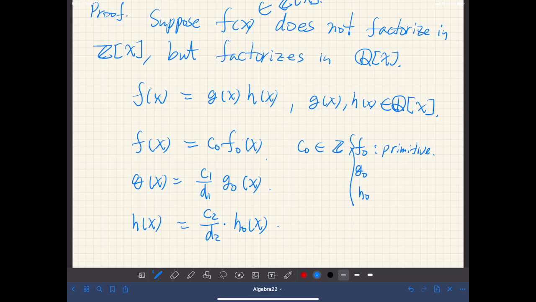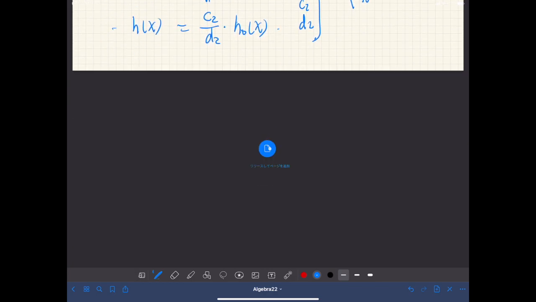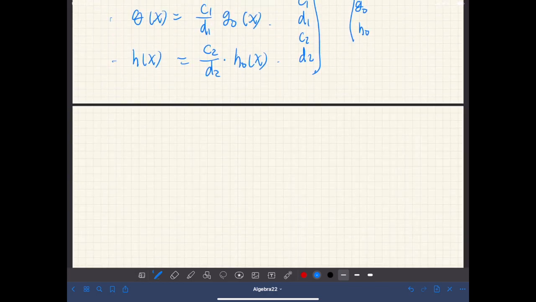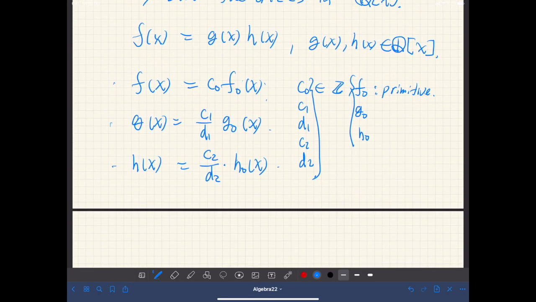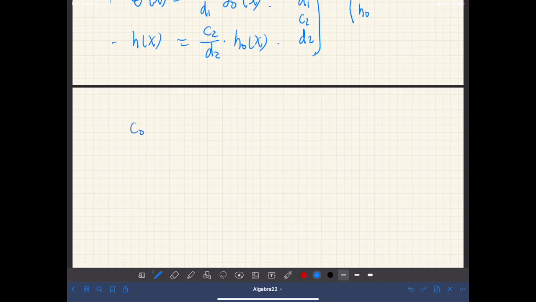And c0, c1, d1, c2, d2, they are all integers. So we can write in this way. If we substitute these into this expression, we have c0 f0 of x and c1/d1 g0 of x, c2/d2 h0 of x.